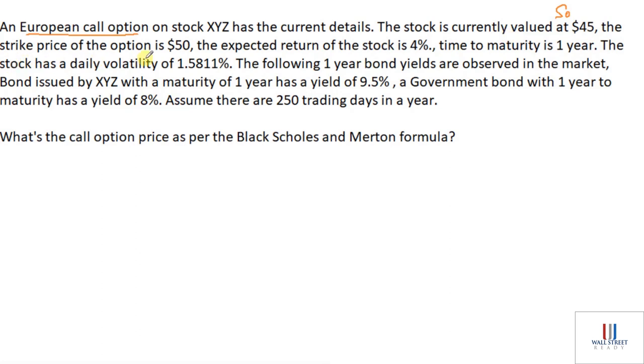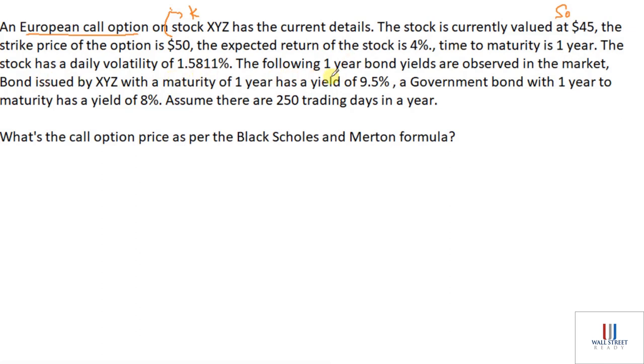The strike price of the option is $50. So that's my K. The strike price is $50. The expected return of the stock is 4%. Time to maturity is 1 year. The stock has a daily volatility of 1.58%.